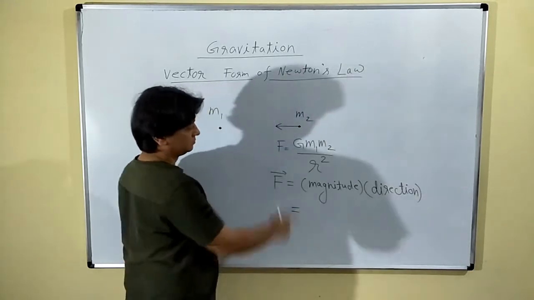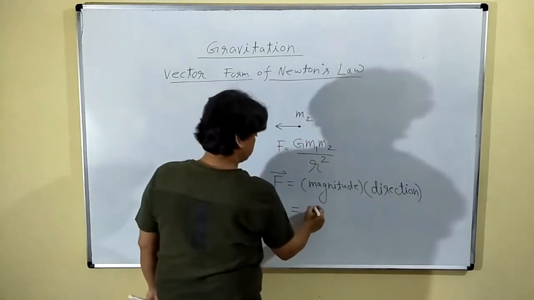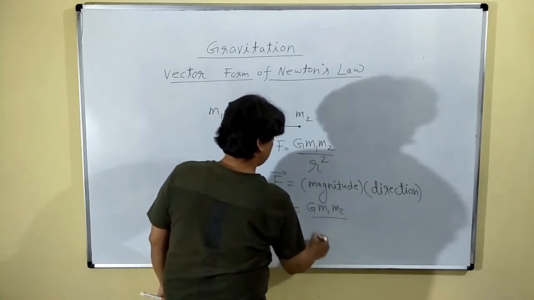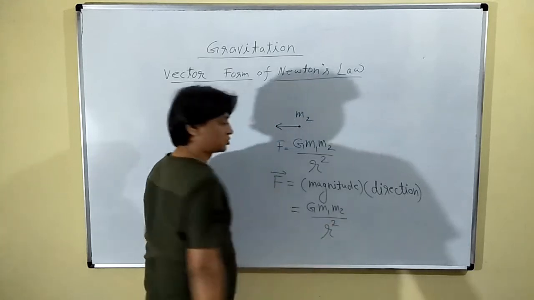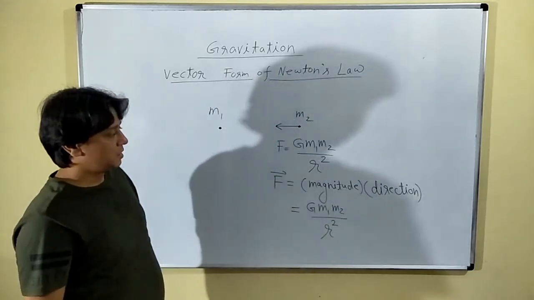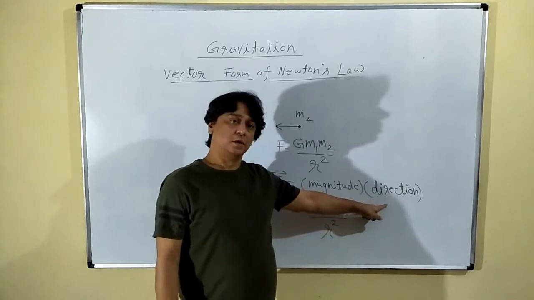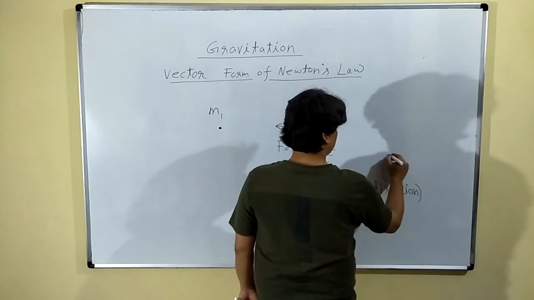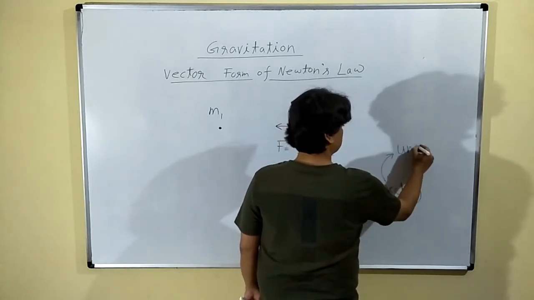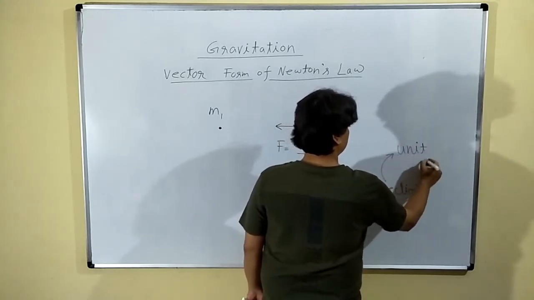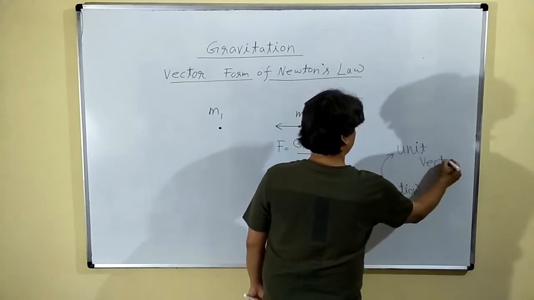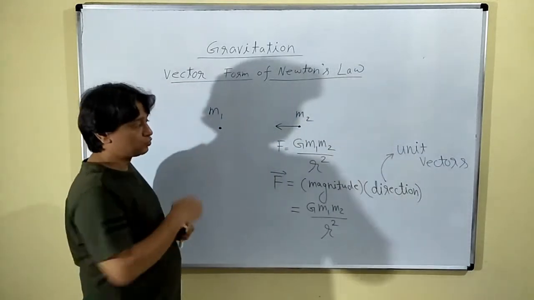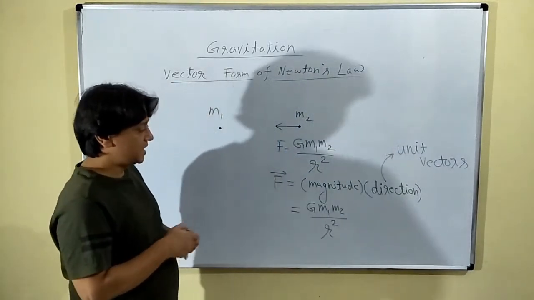Magnitude is this G m1 m2 upon r square. Direction. For direction, you know that we use unit vectors. If we need direction, we use what? Unit vectors. This is the magnitude.